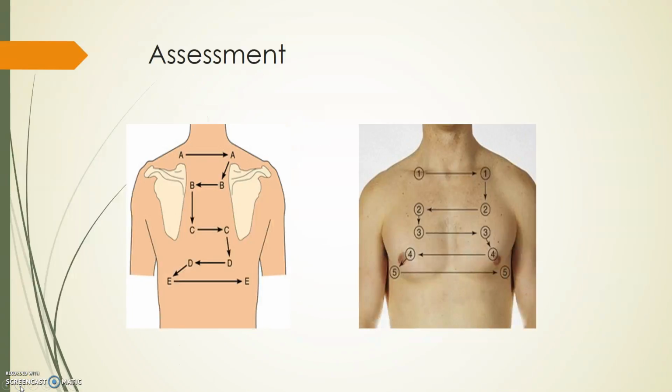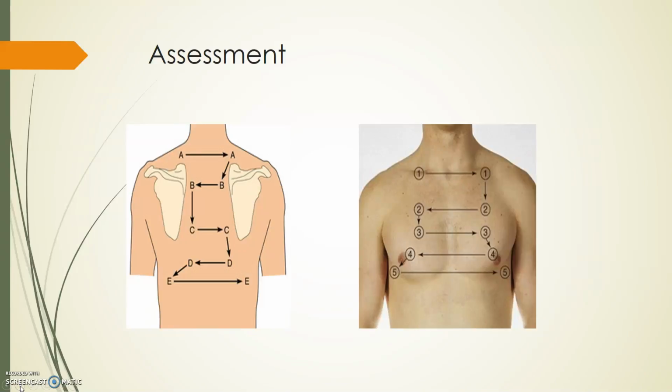Okay, so where are you going to put your stethoscope? These are the places you're going to put it, and the same places that you're going to palpate for any tenderness, any crepitus. So you're going to do the front or the back first, doesn't matter which. And if you'll notice the direction of the arrows, they're doing two up at the top. Yes, your lungs really do go way up there to the top.